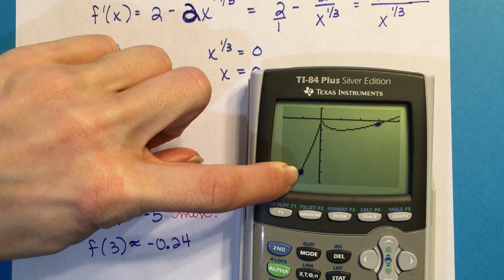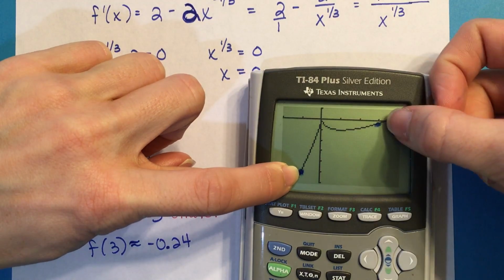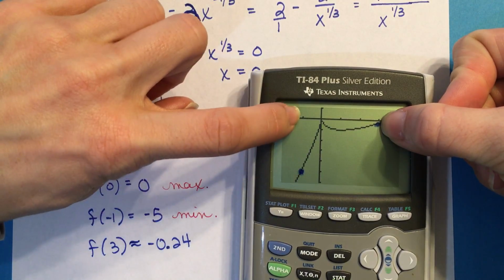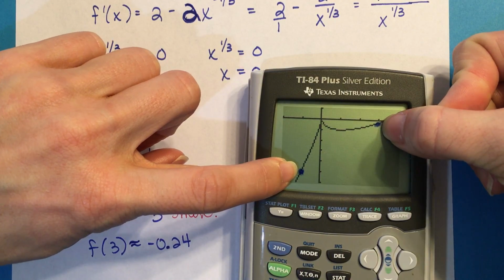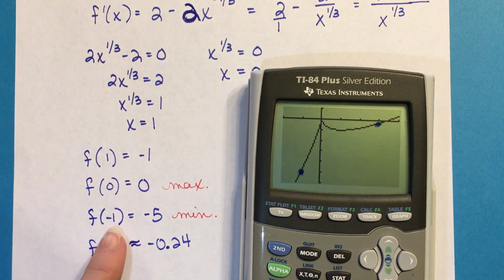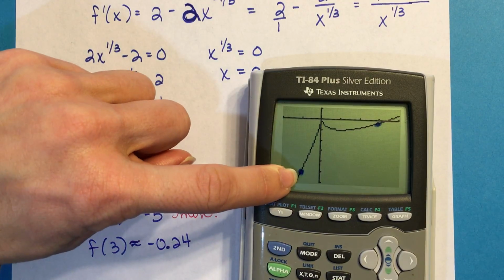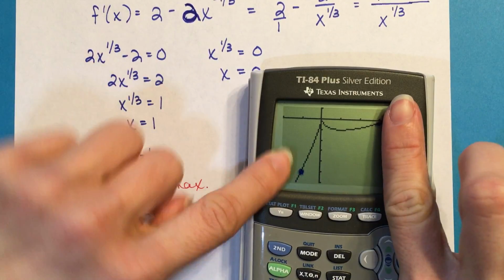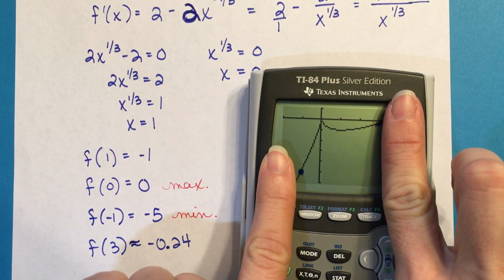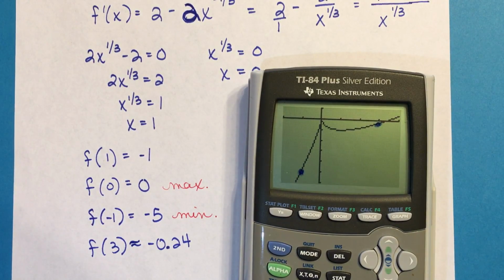So this would be considered the endpoint, and this would be considered the endpoint, because this is x equals -1 and this is x equals +3. We determined that at -1, -5 was the minimum. That is the lowest point from here to here, just blocking out the rest of this.